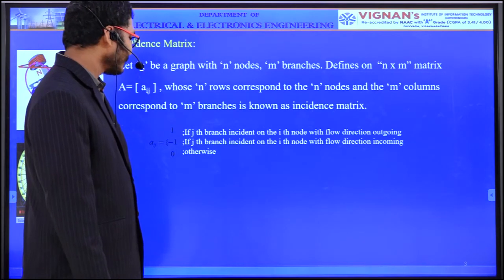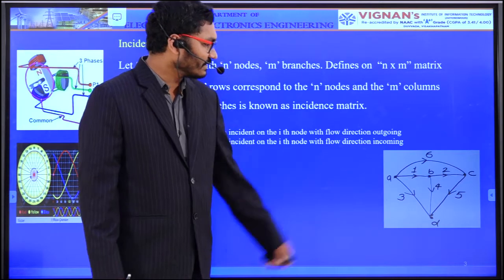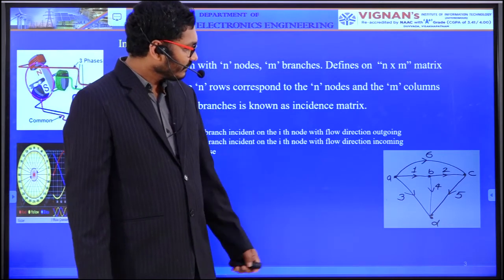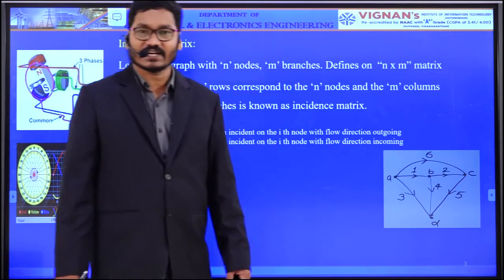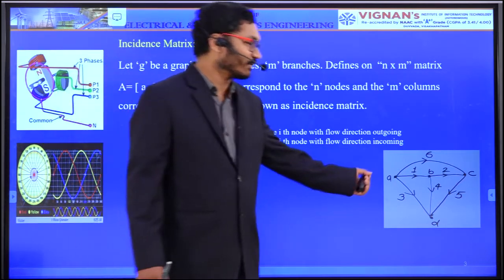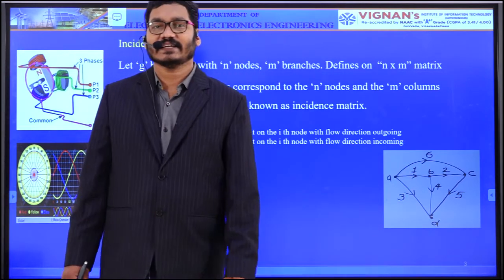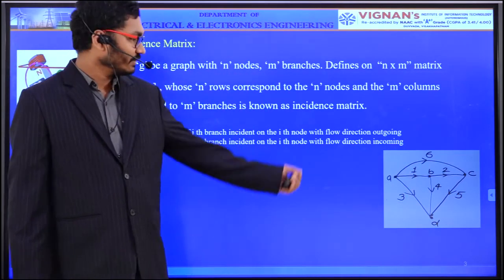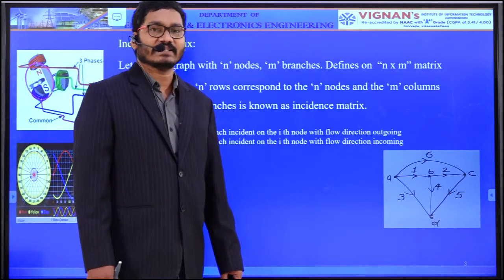Already I have explained this previously. Just for example, suppose I am considering this graph. Sometimes the oriented graph is not given, so you can take arrows yourself. An oriented graph means there is a direction of path. If direction is not given, you can consider any direction.